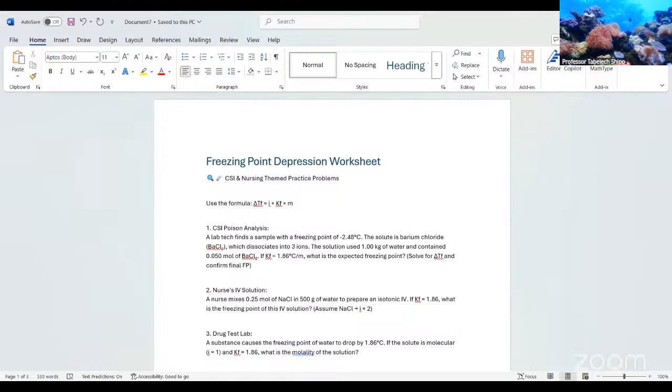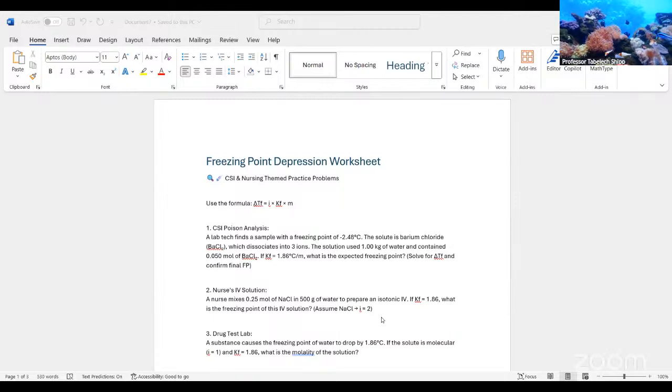Let me know, hey, Professor TK, can you go back over this problem? Can you give me a better idea of what I need to know for this problem, okay? Because I know a lot of times students do have trouble understanding this information, and you may not always get what you need right then and there, but there are points that you can go through to get further clarity.